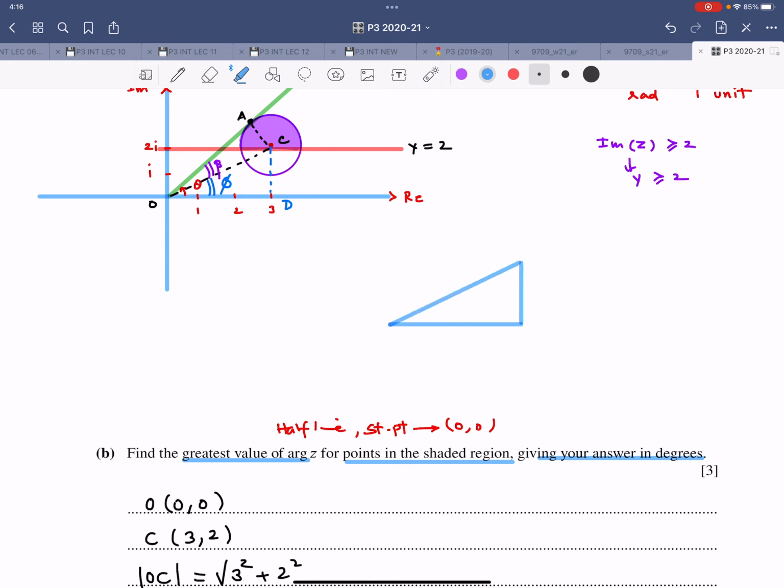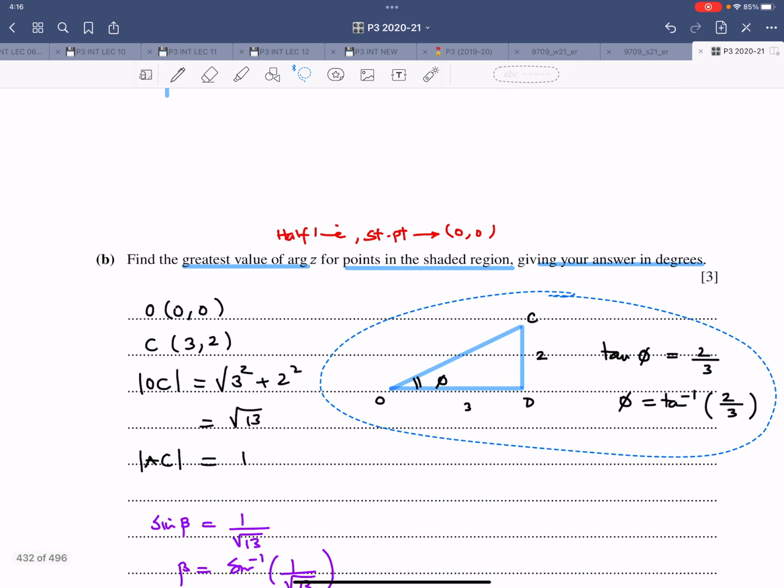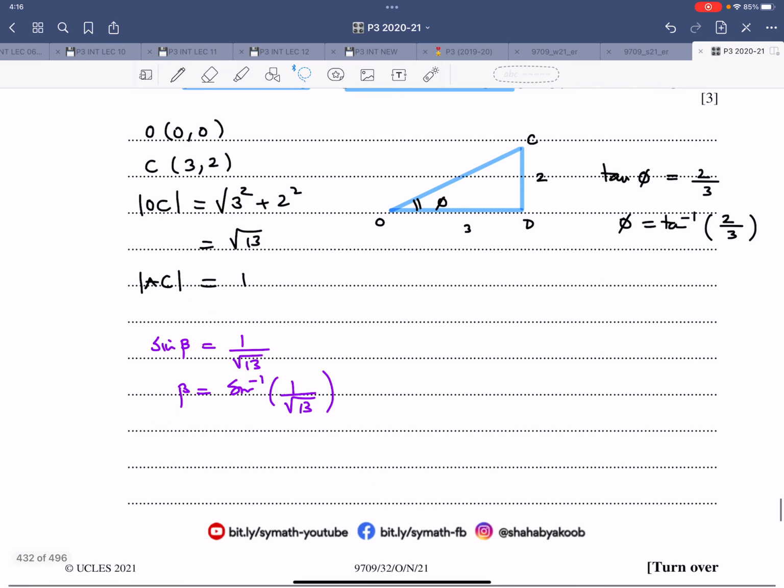So this is O, this is D, this is C, this is 2, this is 3, and this is phi. So tangent of phi is 2 over 3. Therefore, phi is tangent inverse of 2 over 3. So these are the two angles that you get. You have beta, you have phi.